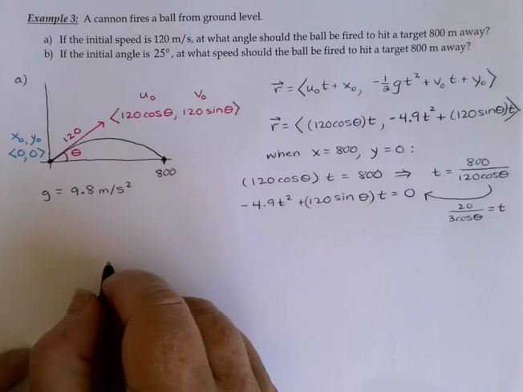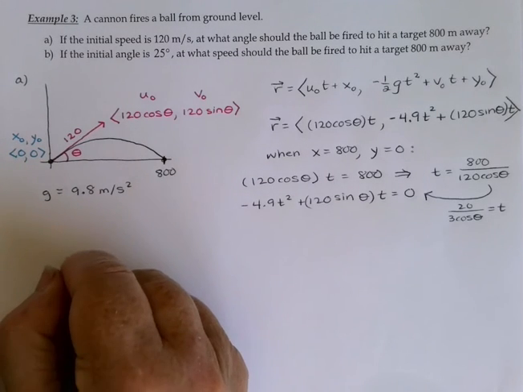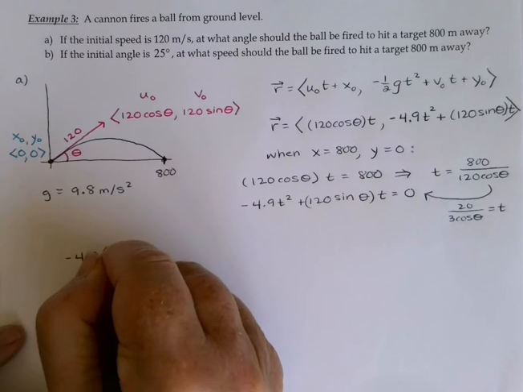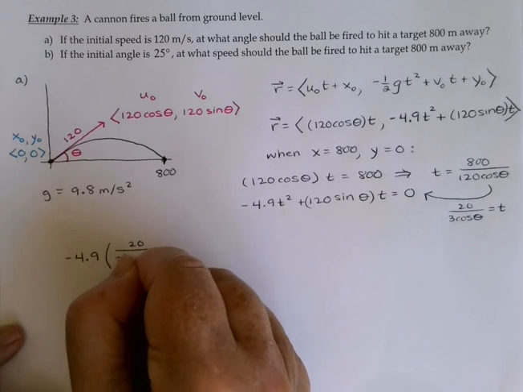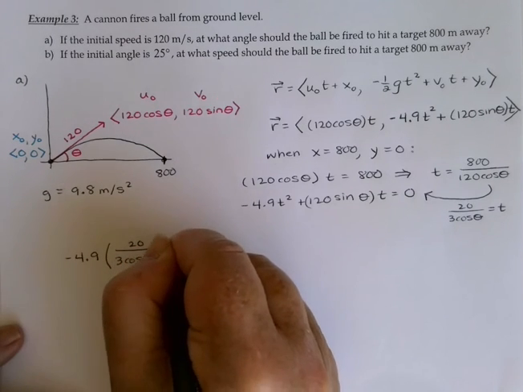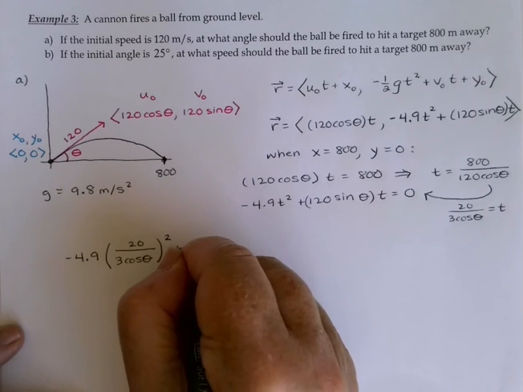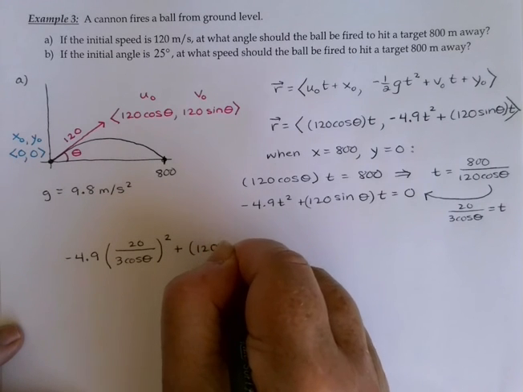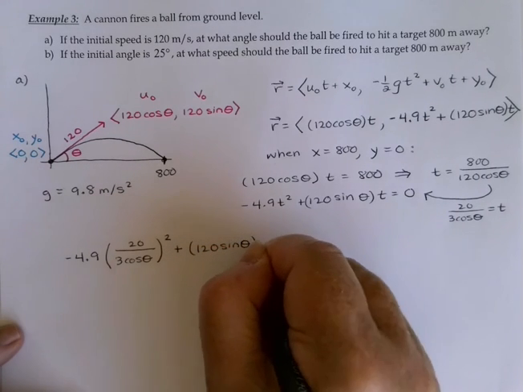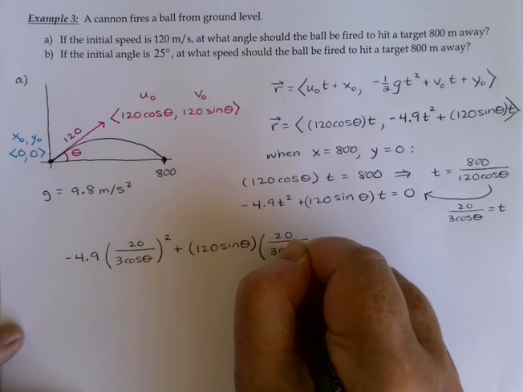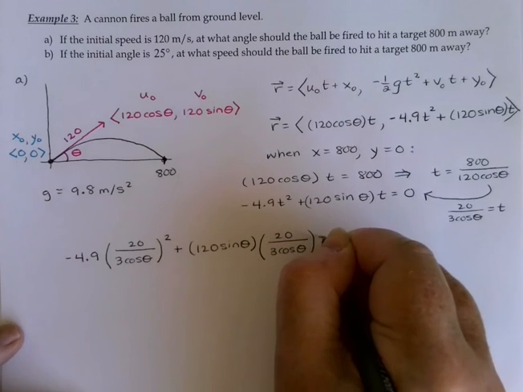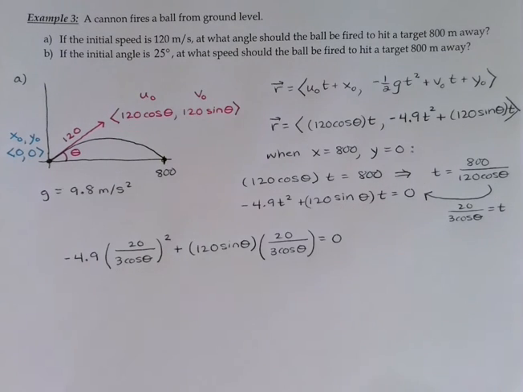So I'm going to have, use a little more space here, negative 4.9 times 20 over 3 cos theta squared plus 120 sine theta times 20 over 3 cos theta equals 0.